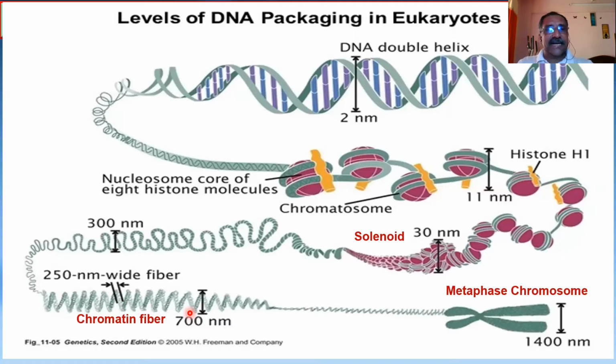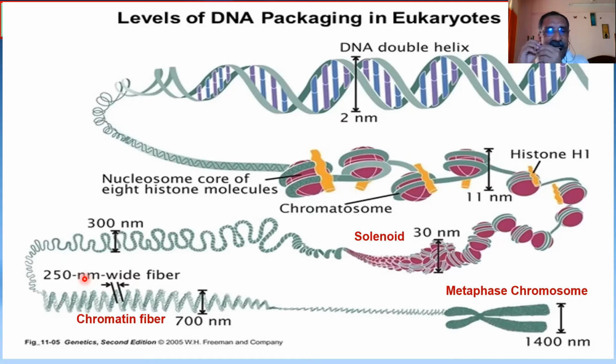Coil का thickness and the fiber का thickness अलग है. आप टेलीफोन का वायर याद रखना, अगर आपका घर पे इंस्ट्रूमेंट है तो उनका केबल निकाल के देखो, वो केबल का कॉइल का थिकनेस क्या है, दैट इज व्हाट आई एम टॉकिंग, 700 नैनोमीटर. लेकिन वो वायर खींच के वायर का थिकनेस देखो, वो छोटा है. That is what I am saying, 250 nanometer. So you should not have any mistake over there.